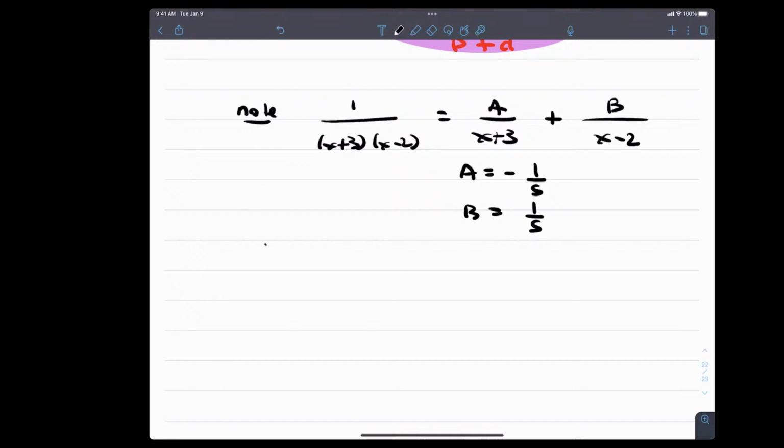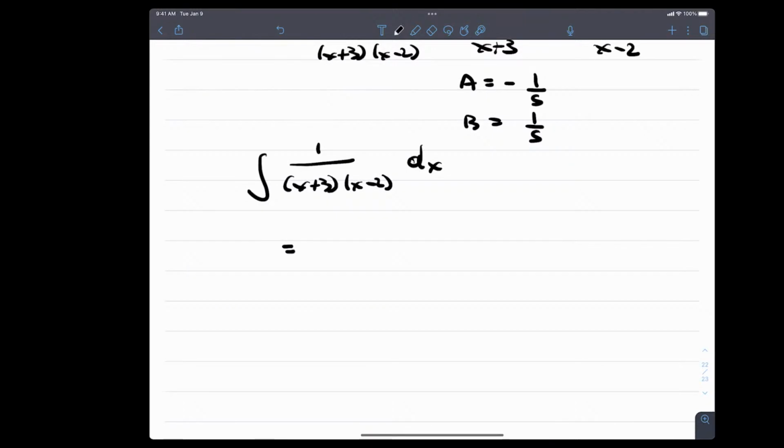Okay? So in general, when you integrate 1 over x plus 3, x minus 2 dx, you guys know, that's going to be the integral of 1/5 over x minus 2 minus 1/5 over x plus 3 dx.